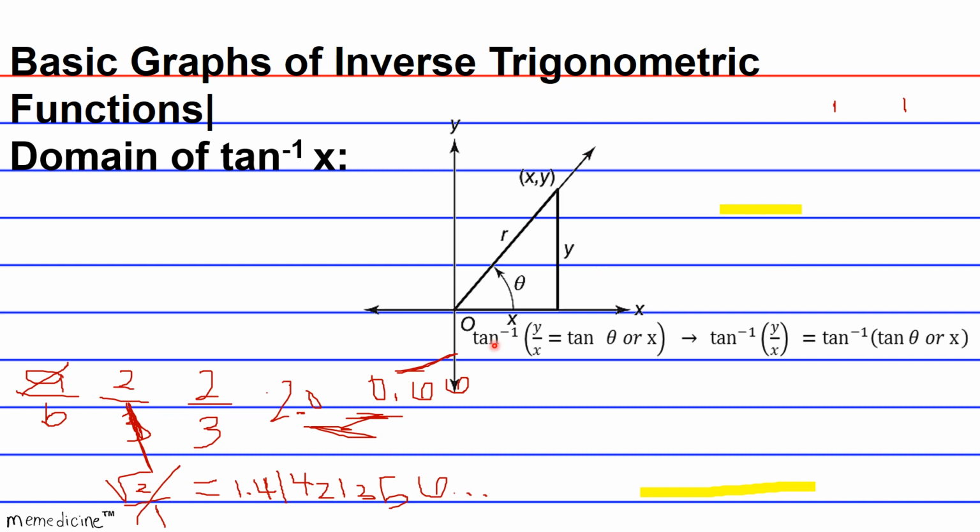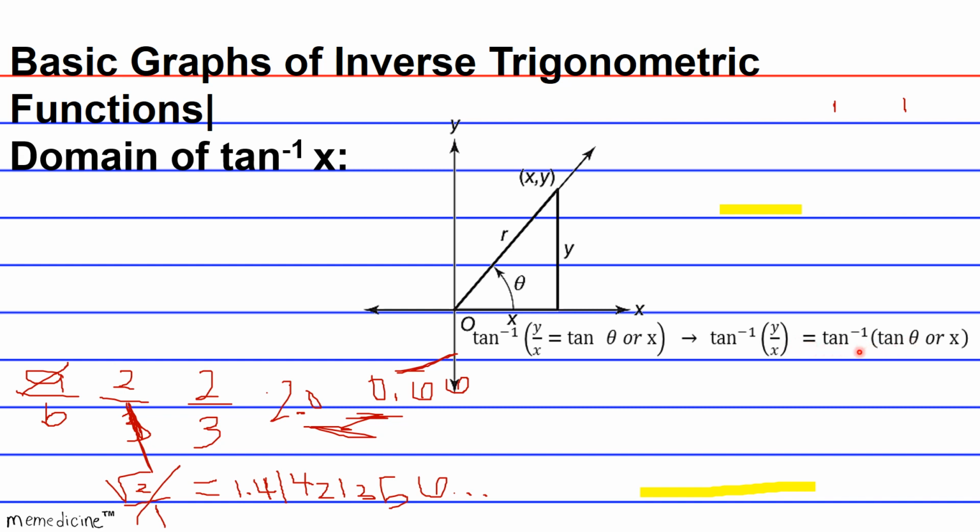And when we take the inverse tangent of theta, which has the numerical value of y over x, equals the tangent of theta, we're going to yield the inverse tangent of y over x, which is the numerical value of the tangent, is equivalent to the inverse tangent of theta, okay?